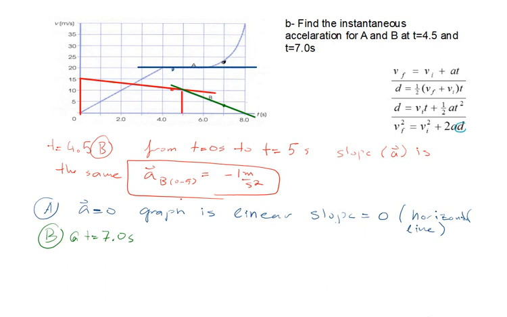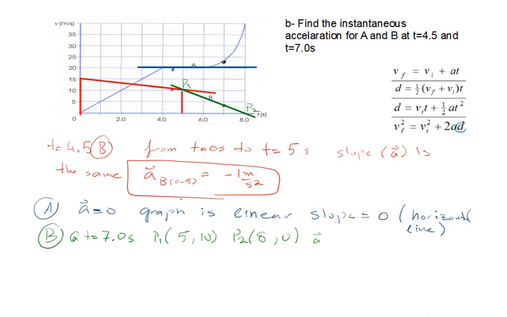So I will use point 1 and point 2 here. Point 1, I'm going to pick 5 and 10. Point 2 is 8 seconds and 0 meters per second.